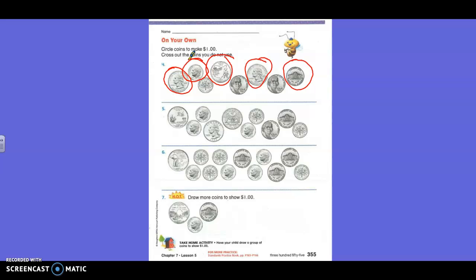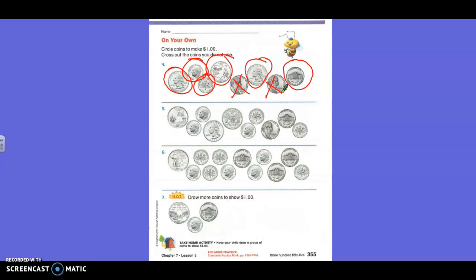And you're going to have to cross out whatever you did not use. I don't care which one you do. Are you going to do 2 nickels or 1 dime to finish it out? Once you're done circling all of them, you cross out the ones you did not use. Yep. Okay, so you're just trying to find $1, okay?